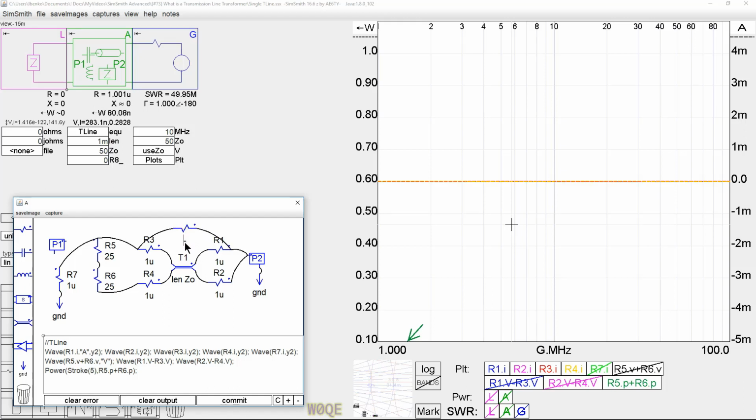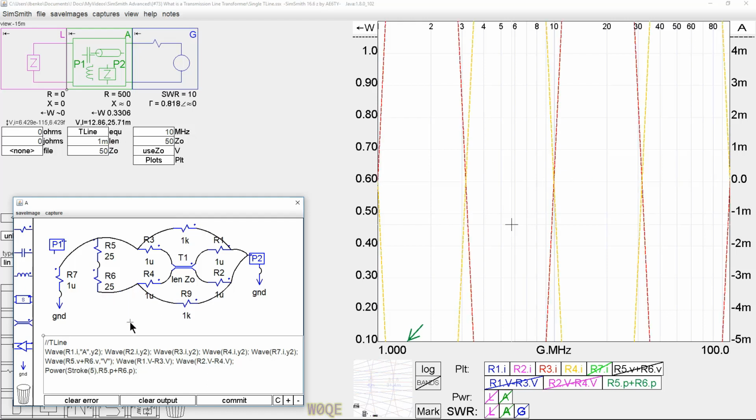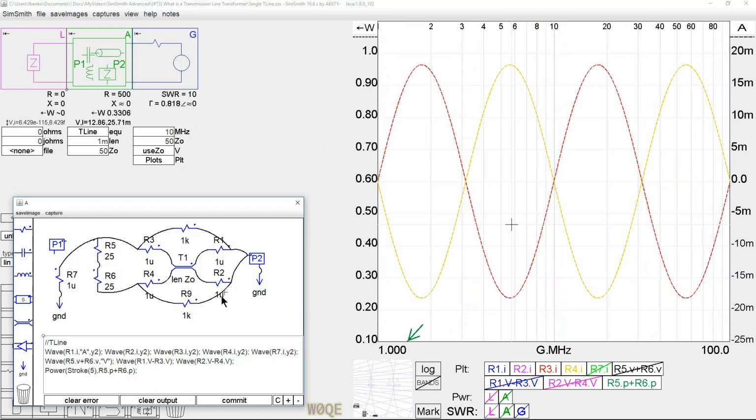But if we put something in here like 1,000 ohms, and we did that on both sides, we now will see current flow. Current way more than we saw before. And that's with 1,000 ohms here. We see 17 milliamps or whatever.